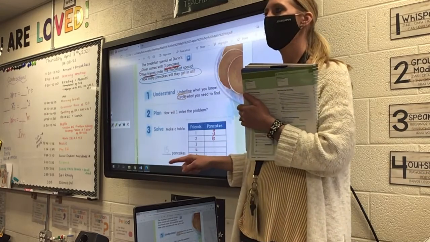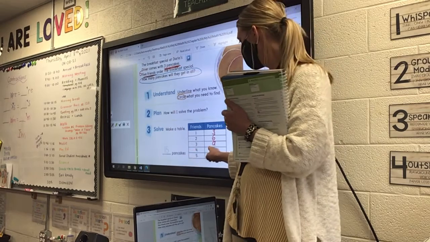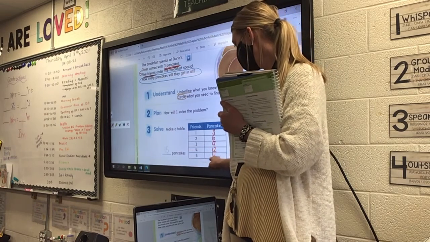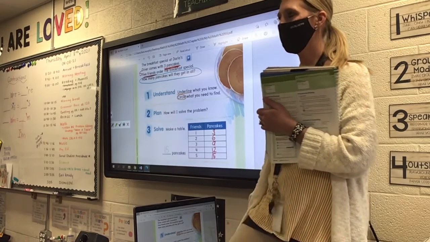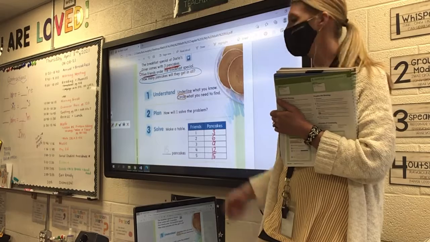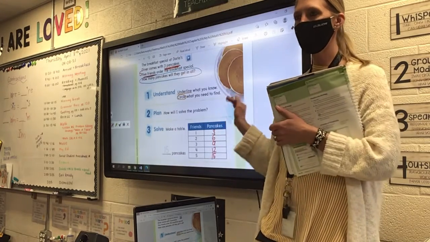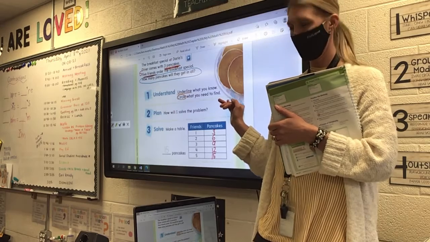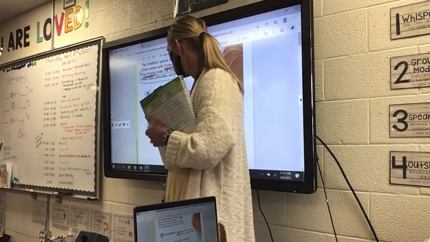Another friend ate 9, 12, 15. All right. See how we could use this chart to help us figure out how many pancakes all 5 friends eat in all. Now, our last question at the bottom is check it. Does this make sense? Yes. 15 pancakes makes sense. So let's trace that 15 there.